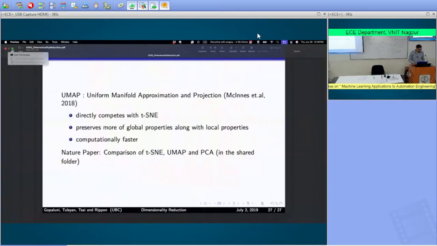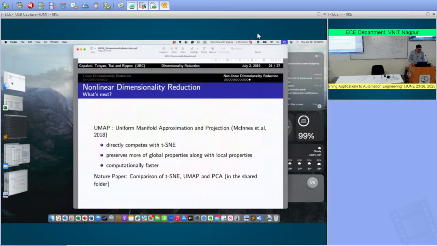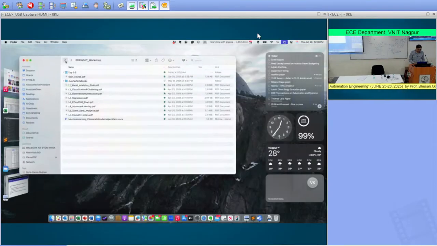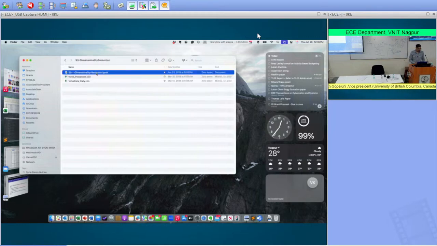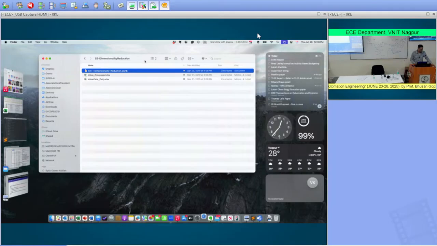So in the next 20 minutes or so, if you don't mind going back to the Python notebooks, and then click on dimensionality reduction. There is a Python notebook with some instructions on how to do dimensionality reduction. If you like, you can download the digits data.